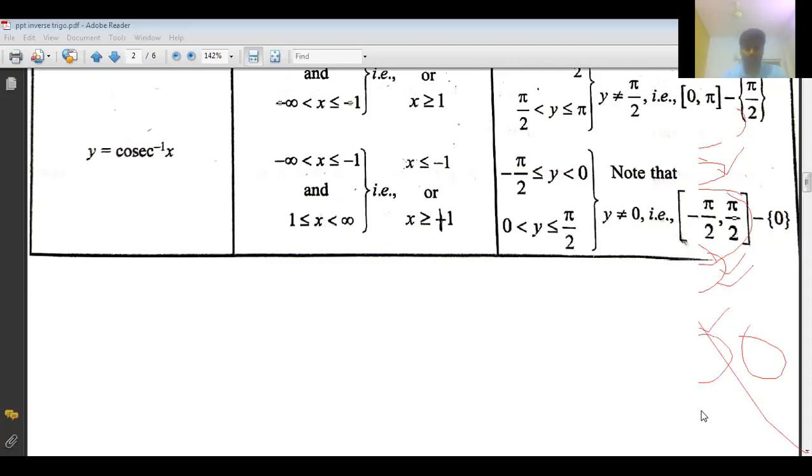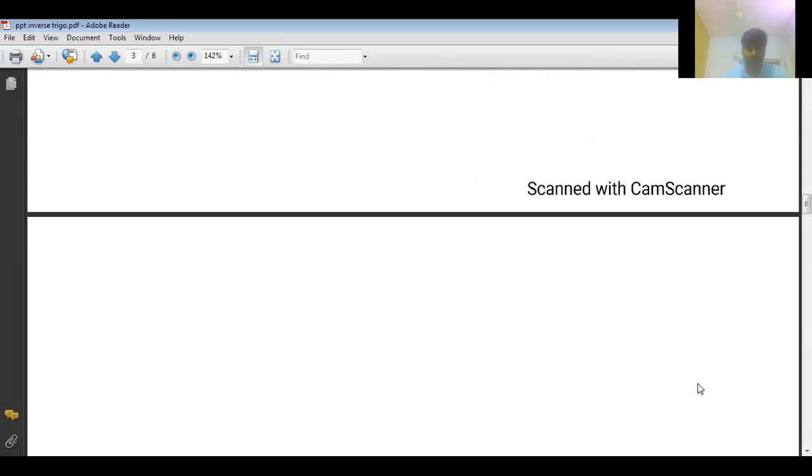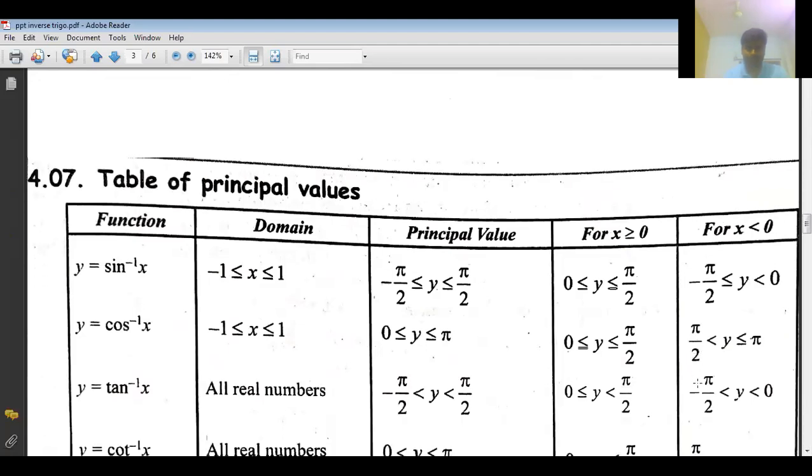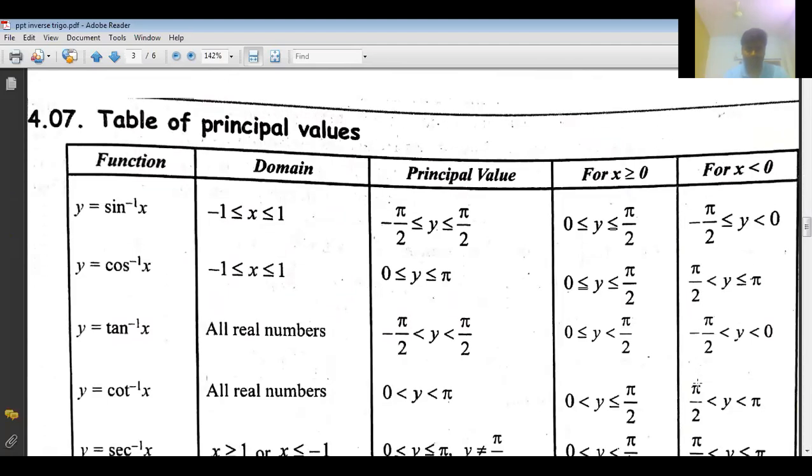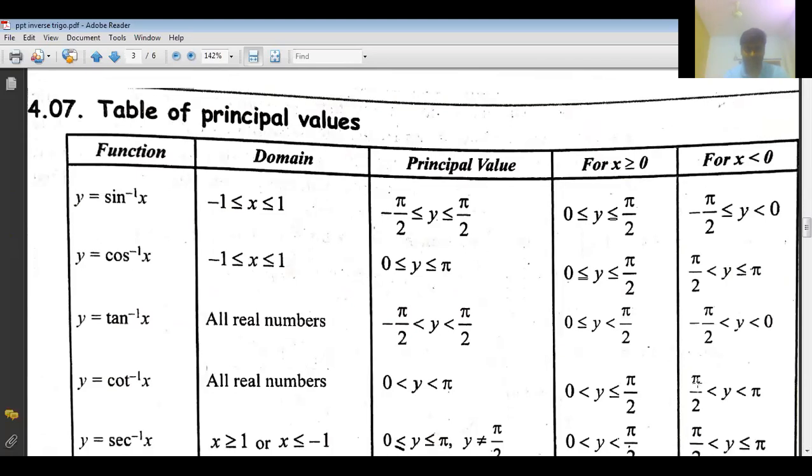So now let us go for the next problem. See here, domain and ranges, you have to remember these. Whatever resultant value we get must lie between minus pi by 2 to pi by 2 for sine inverse x, and 0 to pi for cos inverse x, a closed interval.